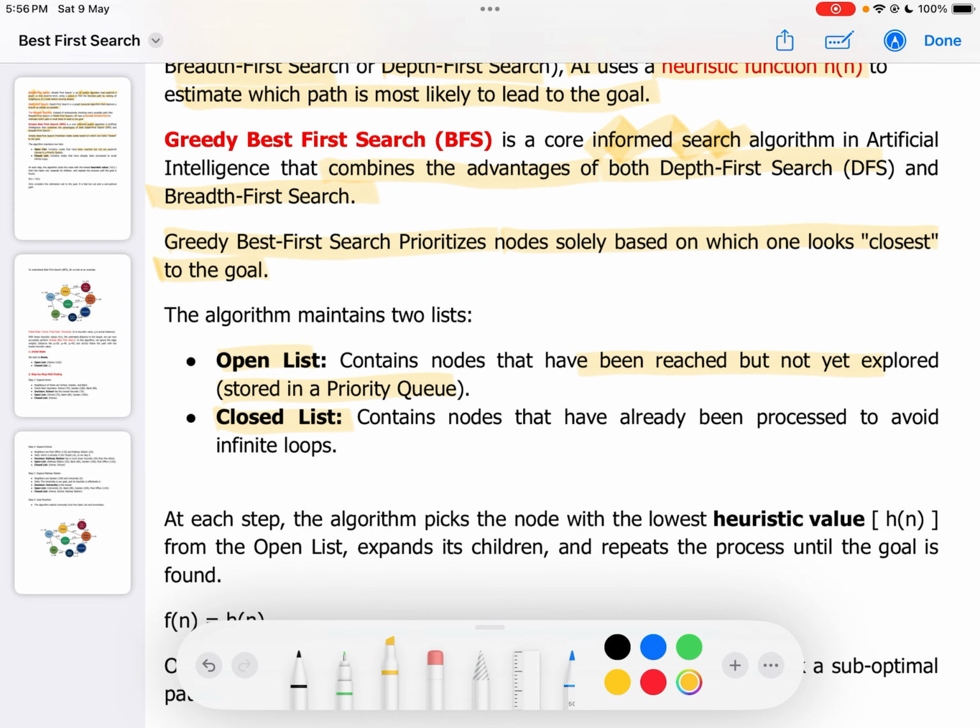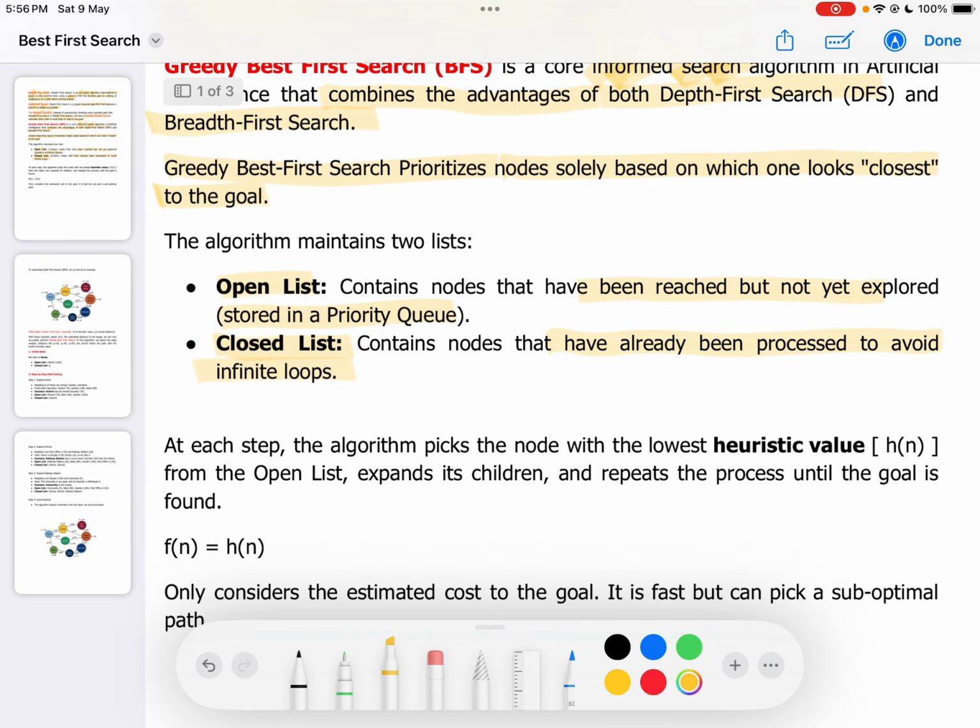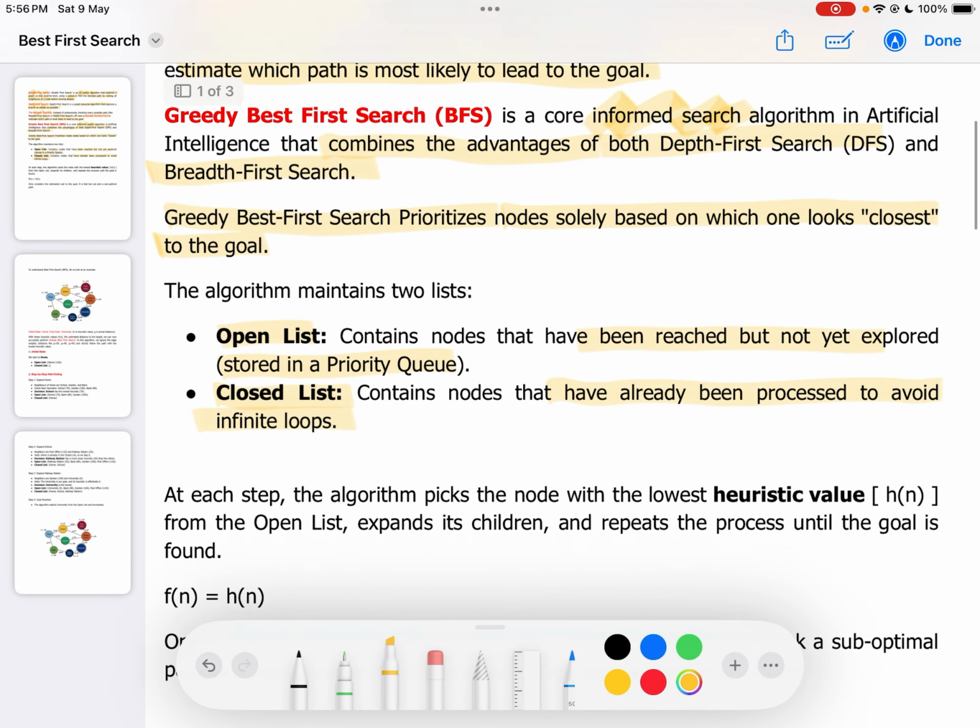Closed nodes are those that have been processed, and they are kept in the closed list so that it doesn't go back and create infinite loops. There are two lists: one is the open list, second is the closed list. What it does is it opens a list, checks for the possibility, and moves it to the closed list.